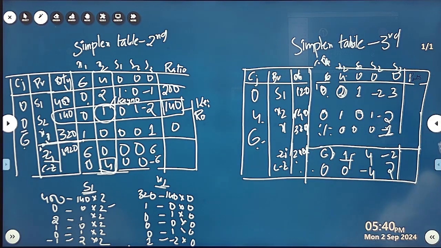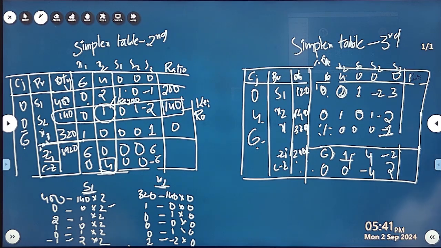So here what will be the maximum value? 2, right? So that will be the key column. Okay. And what will be the key row?